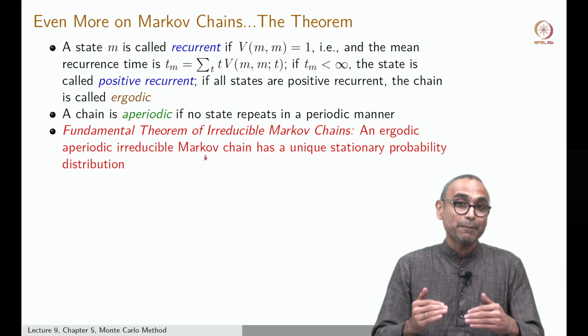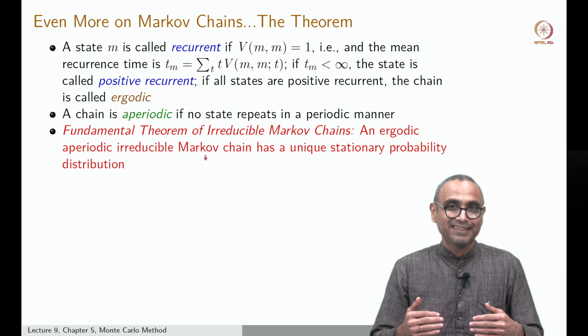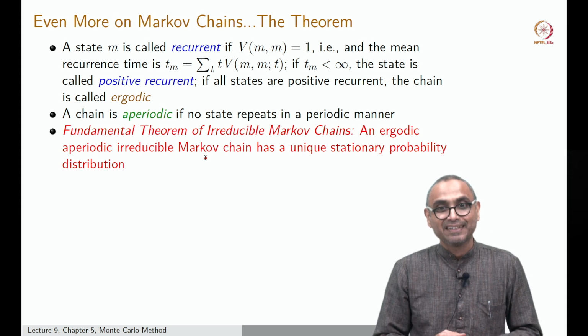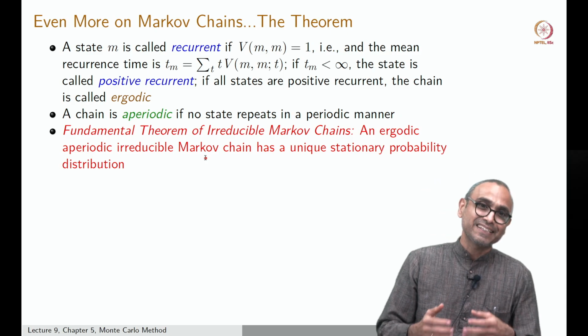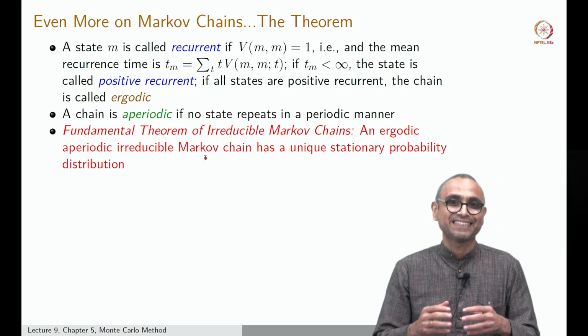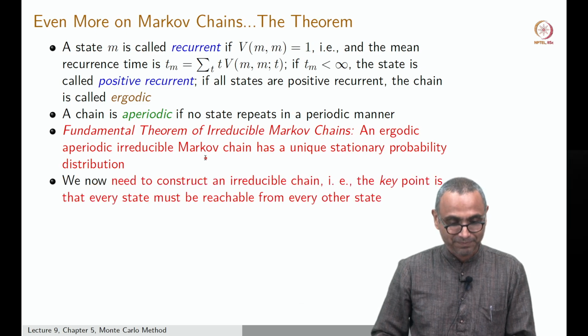So if we are able to design a W which is irreducible, ergodic and aperiodic starting from our Gibbs distribution, then we are certain that the Gibbs distribution will be the only one which is the steady distribution of the Markov matrix that we are constructing.